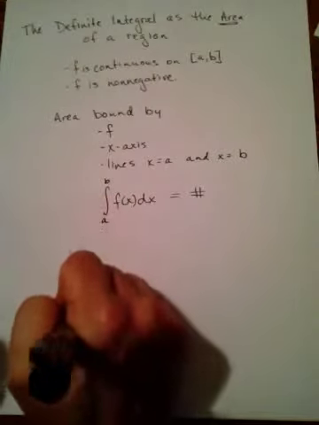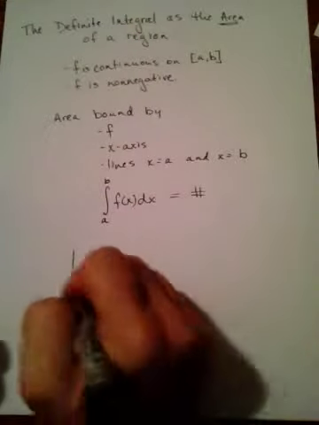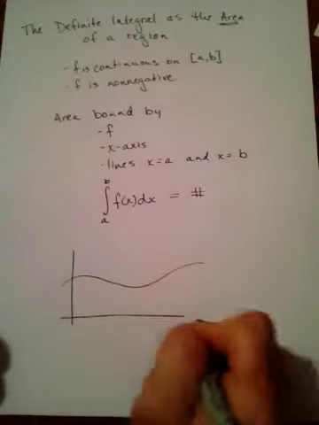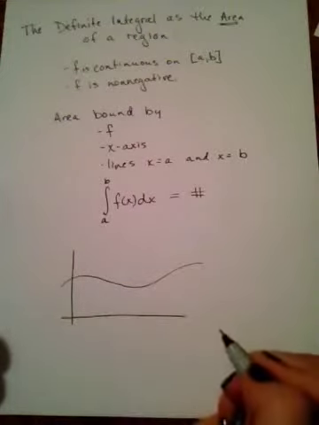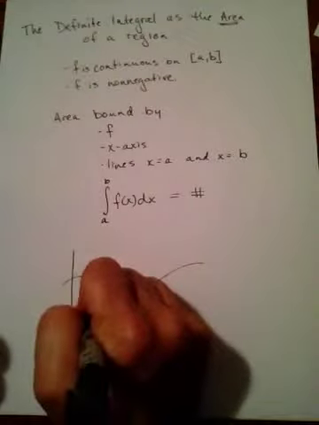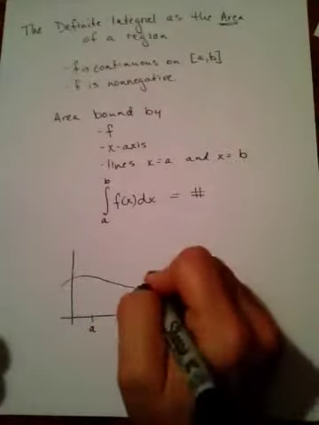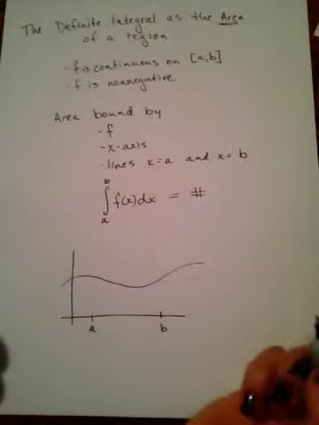And if you look at the picture, you're going to have some function f, and I'm going to make it non-negative, and it could come down and actually touch the x-axis, but it's definitely continuous from x equals a to x equals b. So it's continuous and non-negative.